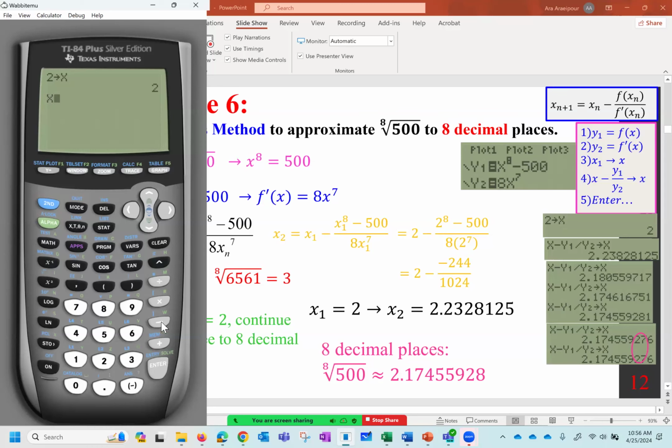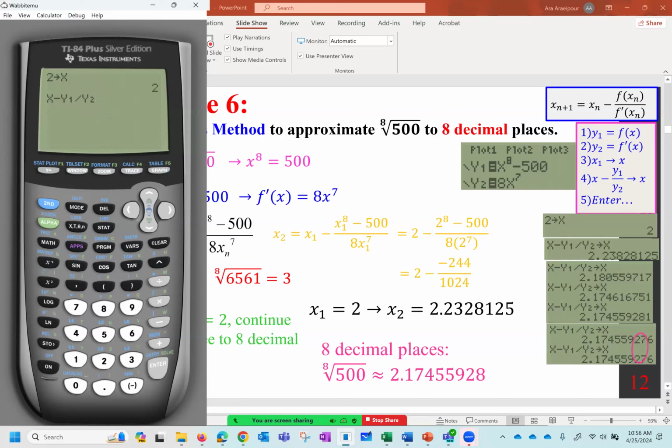Then x minus, I want to go with y1, so variables, y1, divided by variables again to the right, functions, and now bring it down to y sub 2.